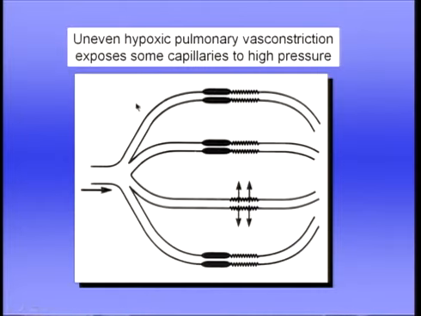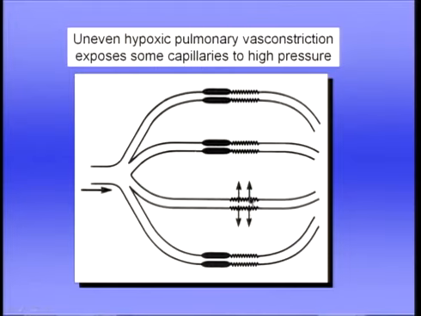Now, the reason for that probably is that in the adult, the distribution of vascular smooth muscle is patchy, uneven, because it undergoes involution after birth, and it's patchy in the adult. And what we've shown here in this little diagram is some capillaries which are downstream of the constricted arterioles, but some capillaries do not have arteriole constriction in front of them, upstream. And so these capillaries are exposed to the high pulmonary artery pressure. These capillaries are not. The pressure here is reduced because of the constriction.